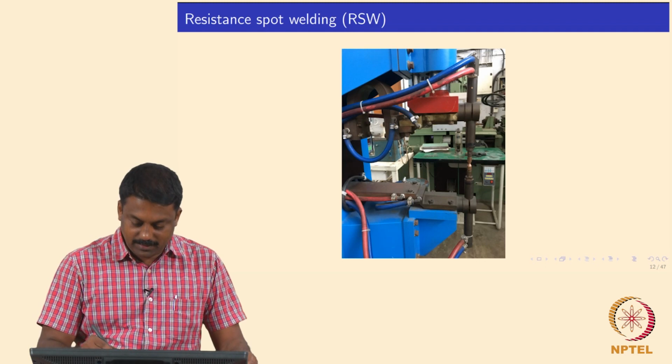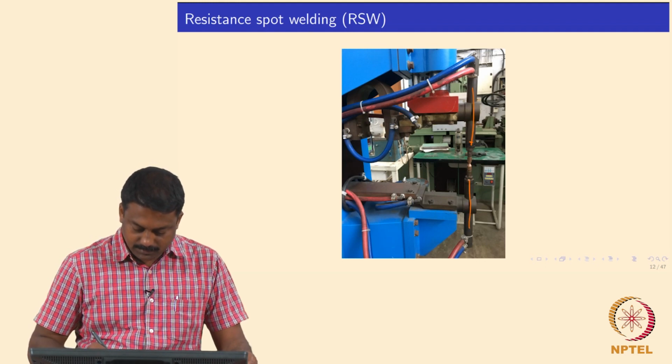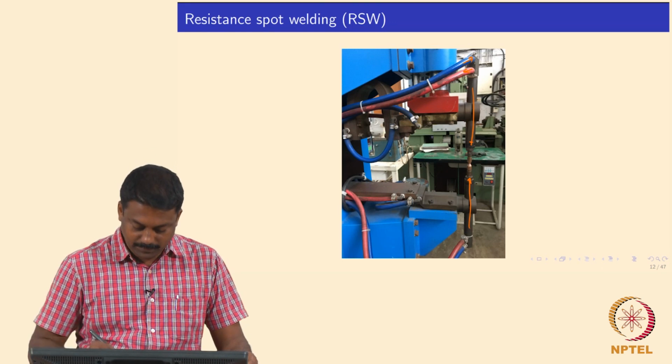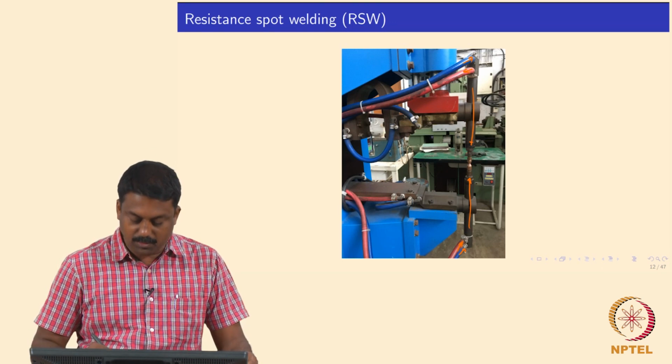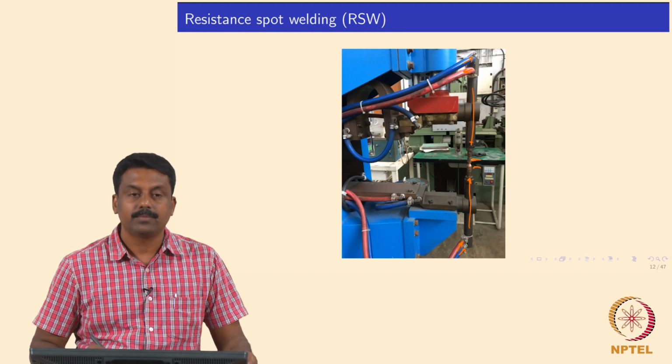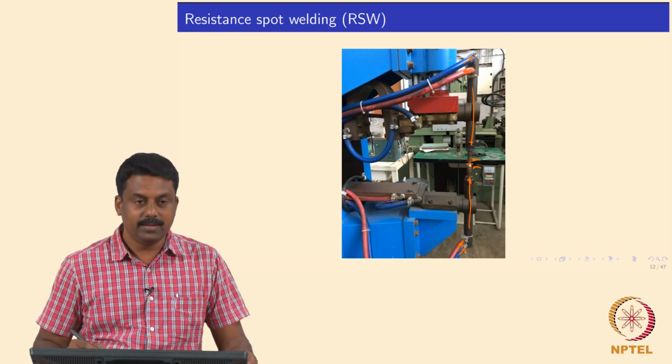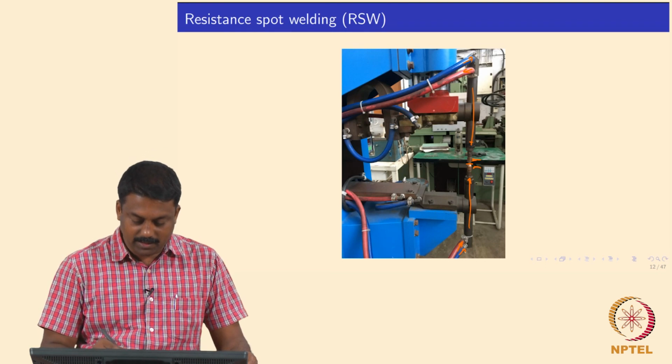So this is the cantilever, which also has the water inlet and water outlet. That is to cool the electrode, and you see here these two, they are the electrodes. The sheet is not there now. It is placed between the electrodes, and the load is applied through this cantilever.